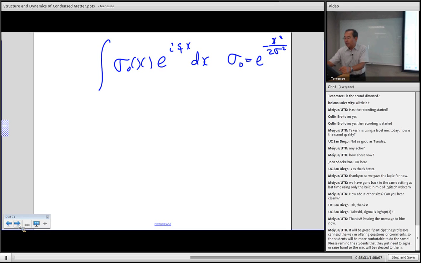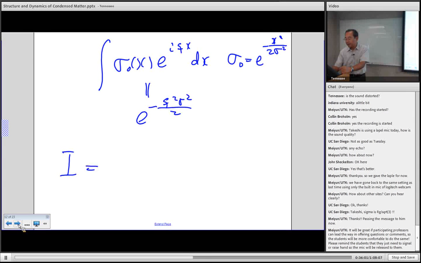So this becomes another Gaussian, right? Just like I did before. Again, I'm skipping the normalization constant. So this becomes e to the minus q square sigma square over 2. Right? So that means intensity is the square of that.